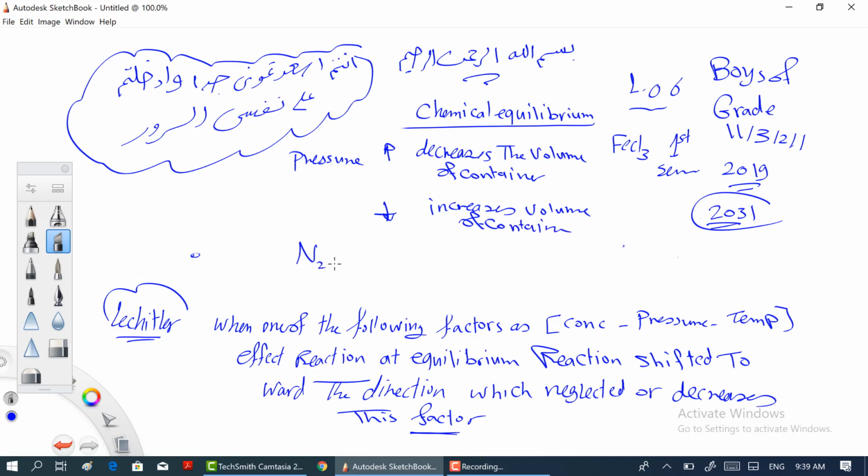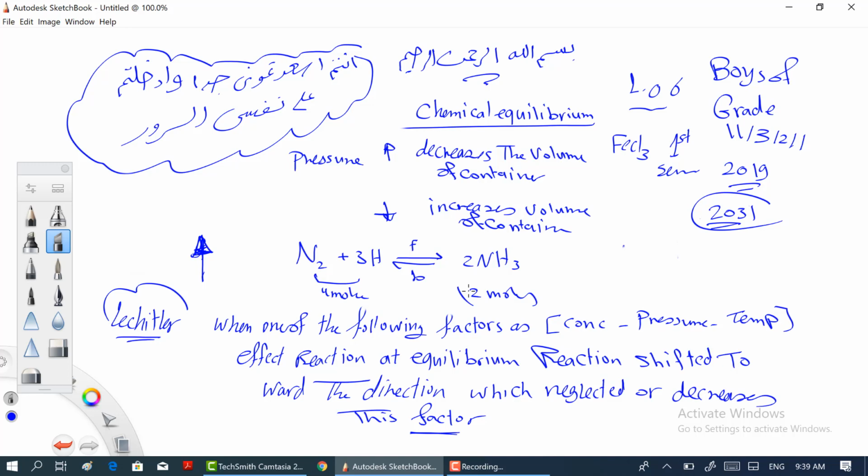For these reactions, does the reaction shift forward or backward when we increase the pressure? To find if the reaction shifted forward or backward, firstly, count the number of molecules or number of moles. 1 and 3, so I have 4 moles. For this, I have 2 moles.